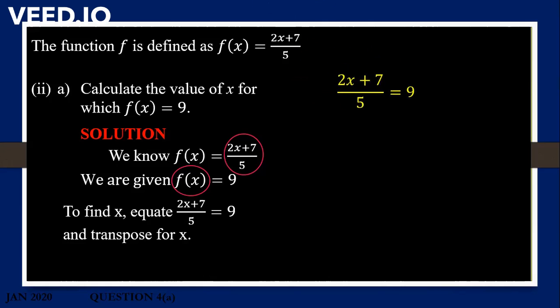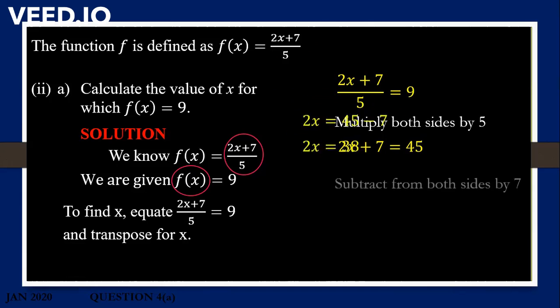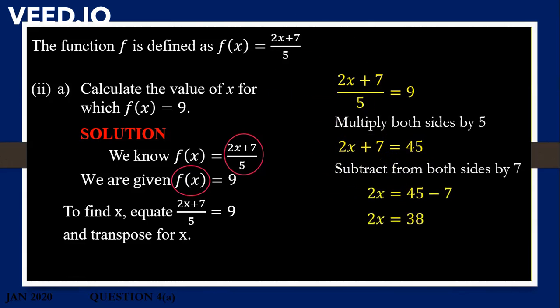Now that we have done that, to find the value of x, we are first going to multiply both sides of the equation by 5. This will give 2x plus 7 is equal to 45. Step 2, we are going to subtract 7 from both sides of the equation.